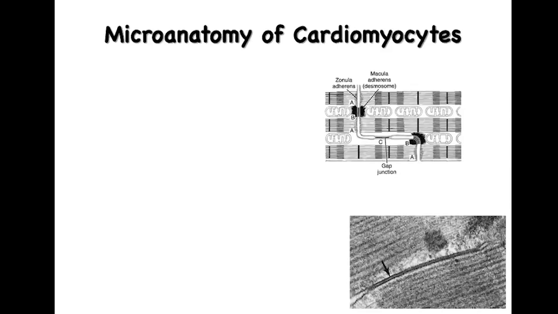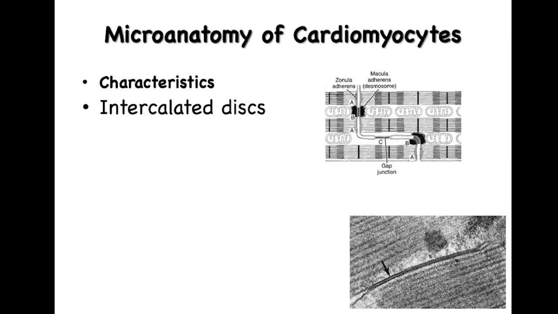Let's look at the microanatomy of cardiomyocytes. We'll begin with some general characteristics. Remember that cardiac muscle has intercalated discs. These are located between adjacent cardiac muscle cells. These intercalated discs consist of two types of membrane junctions.